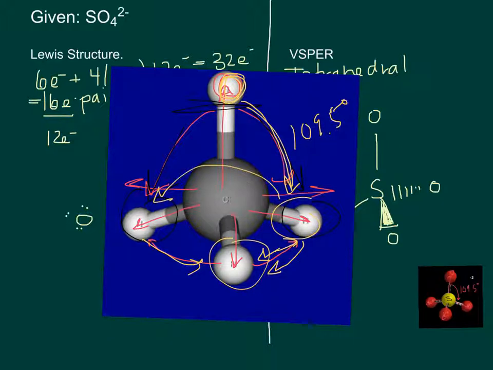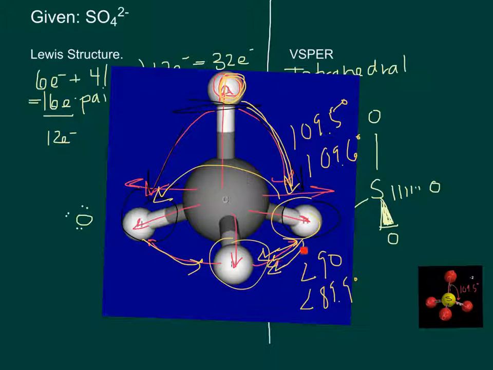If they went anywhere past, if they were even at 109.6 degrees, then these would be closer to each other. Let's say that they're at less than 90 degrees. So then at 109.6 degrees, these might be at 89.9 degrees, and that's too close for comfort for them.